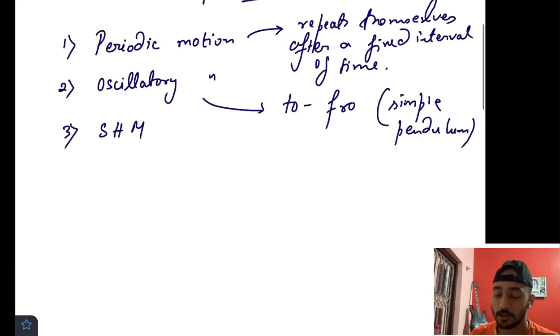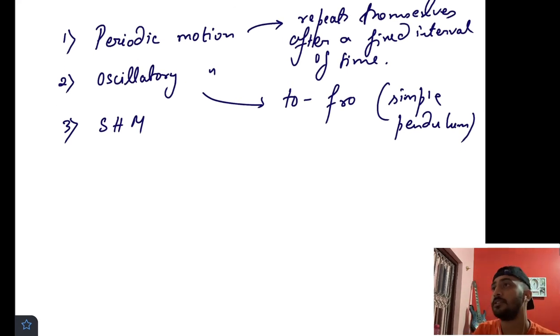So what is simple harmonic motion? Simple harmonic motion is basically the subset of an oscillatory motion, that these are also to and fro motion but of small amplitudes. Okay, so figuratively you can say that simple harmonic motion falls under the subset of periodic motion as well as oscillatory motion.